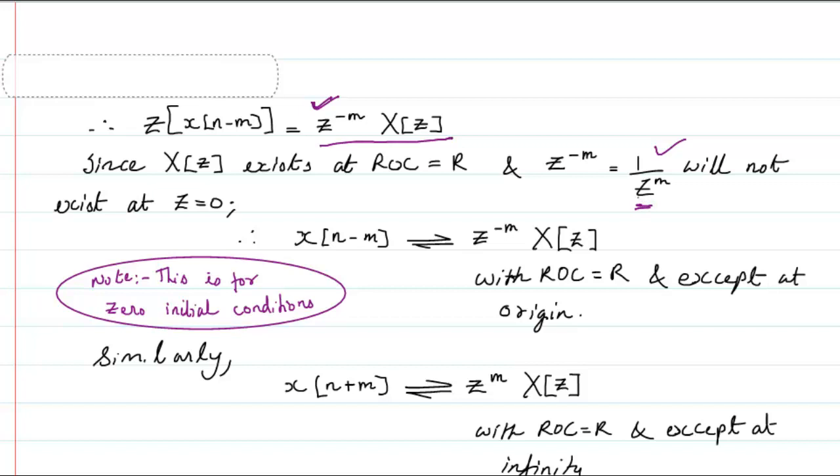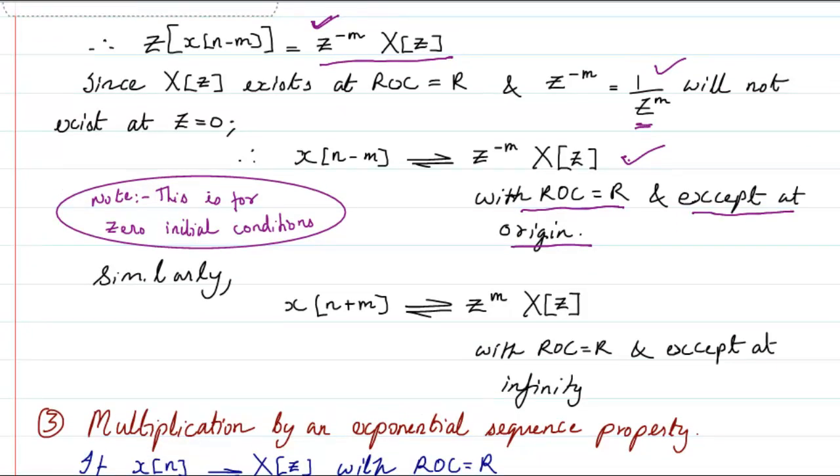Okay, so the new function, that is z raised to power minus m X of z, will have an ROC of R except at the origin. That means you should not take the value of z equal to 0.